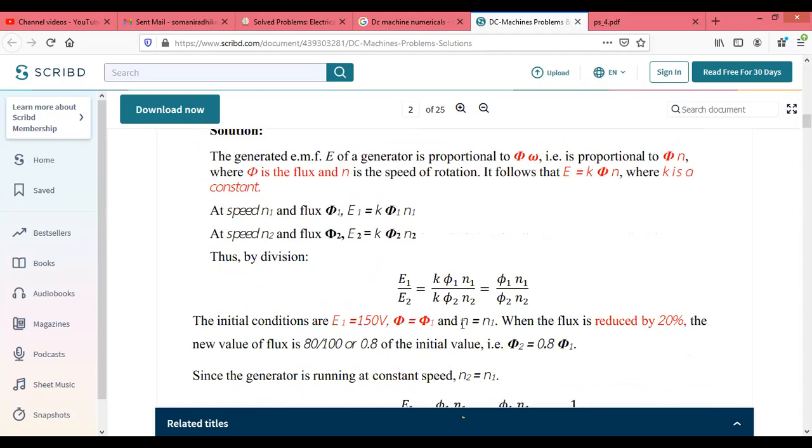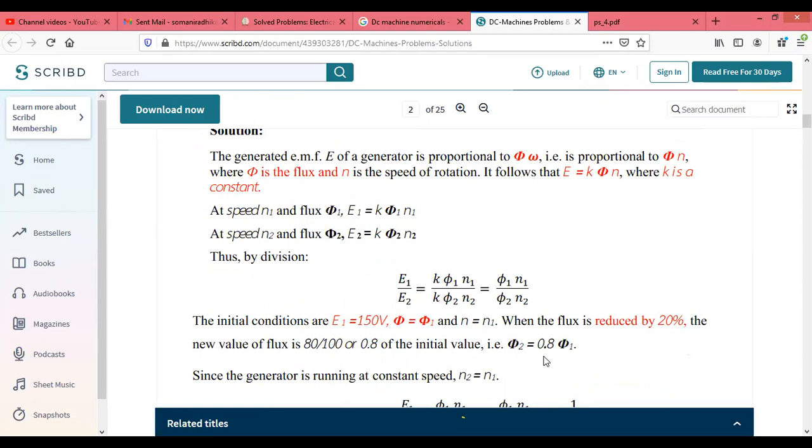If we take N equal to N1, phi equal to phi 1, and consider that flux 2 is reduced by 20%, a 20% reduction means the new value of flux will become 80 upon 100, or you can take that value as 0.8 with respect to flux 1.